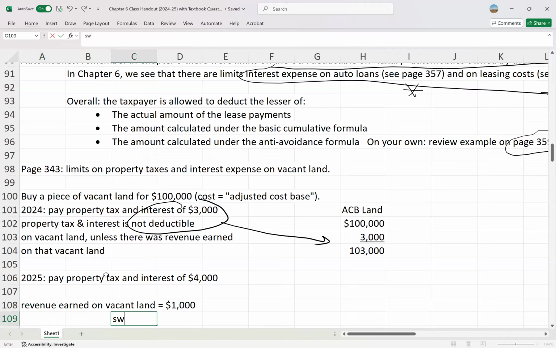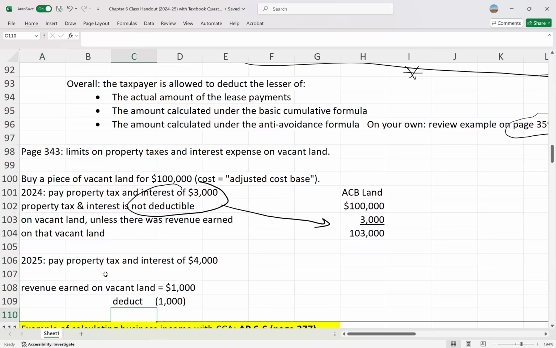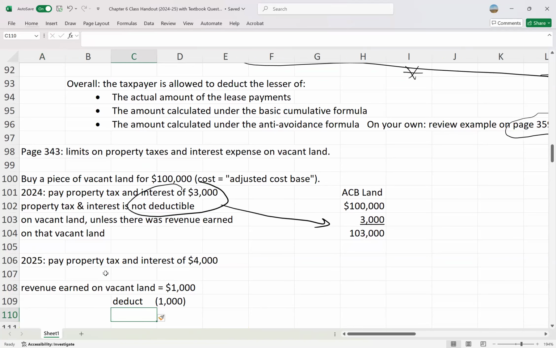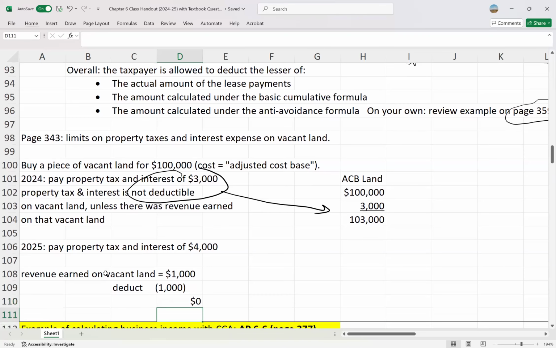They could deduct up to $1,000 of the property tax and interest to bring this income down to zero. So they could deduct up to $1,000 of the property tax and interest on the revenue earned on the vacant land.